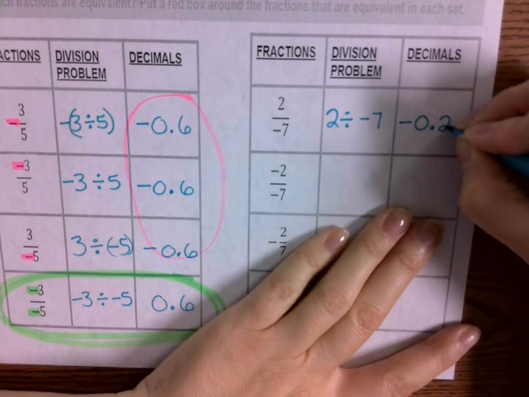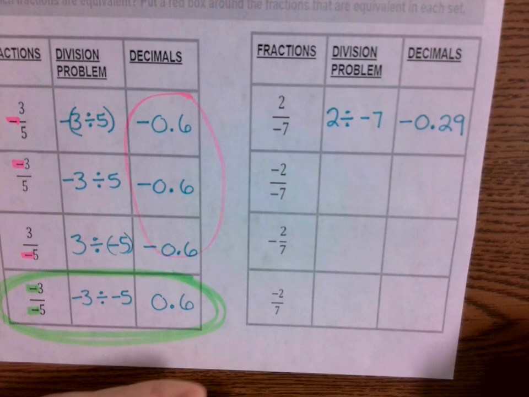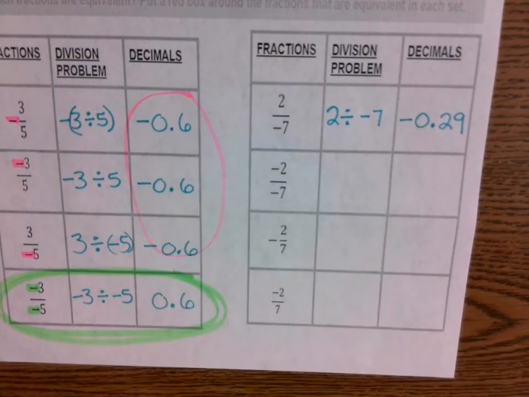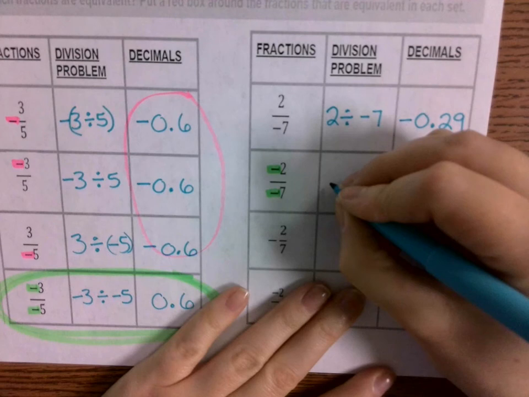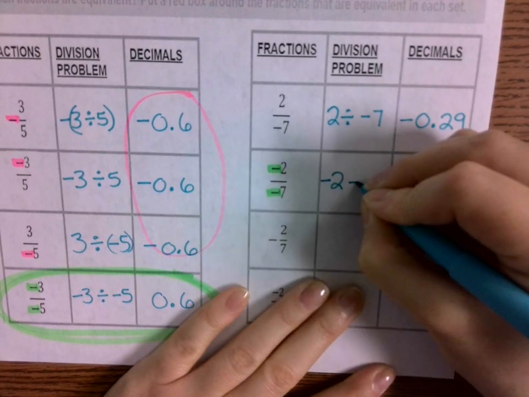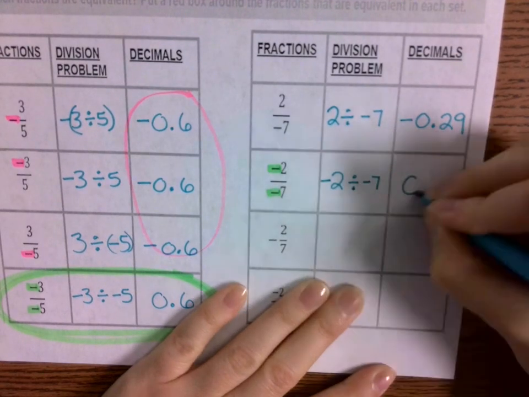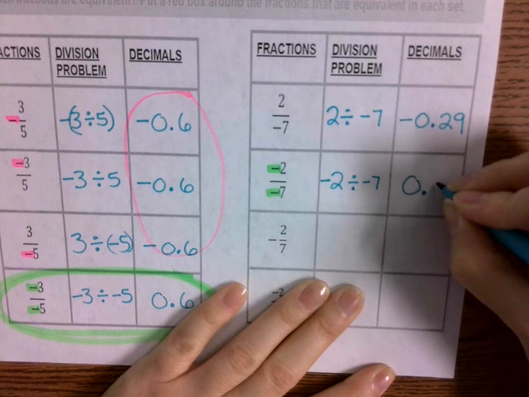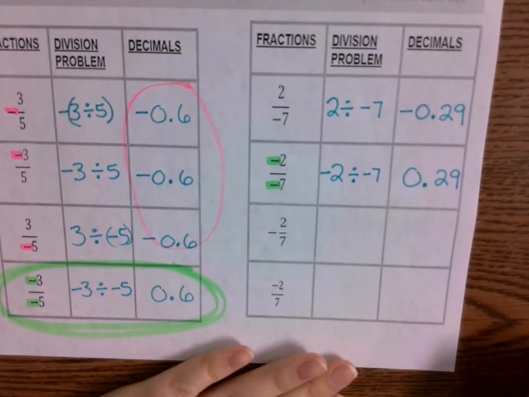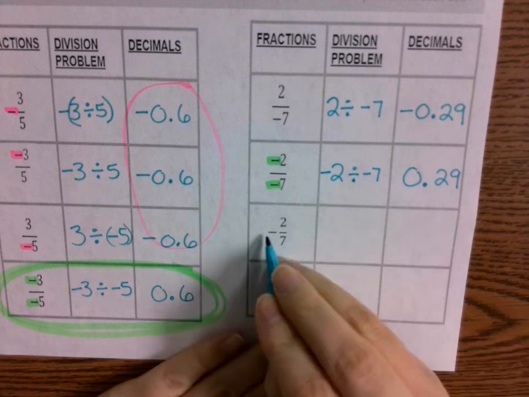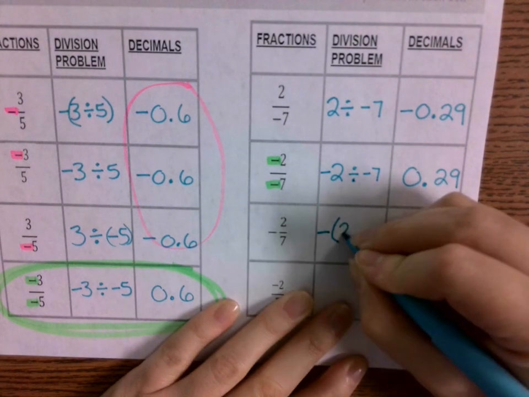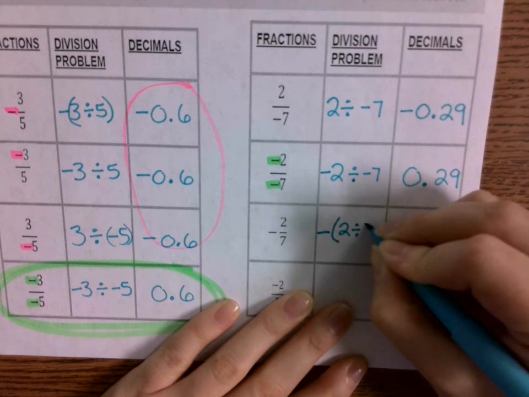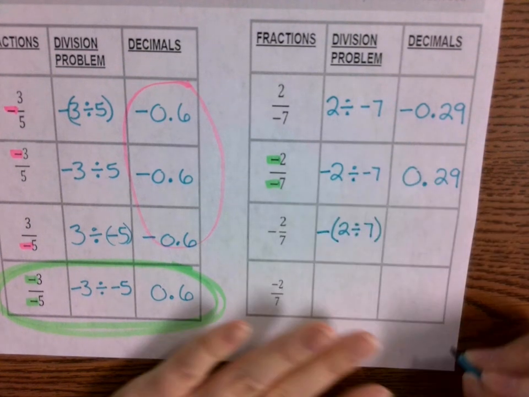Okay, here we've got the double negatives, so we know it's going to wind up coming out to a positive answer. Negative 2 divided by negative 7 comes out to positive 0.29. Here we've got the negative sign in the front, so that means we're going to have a negative, but inside parentheses we're just doing 2 divided by 7. So that comes out to a negative 0.29.